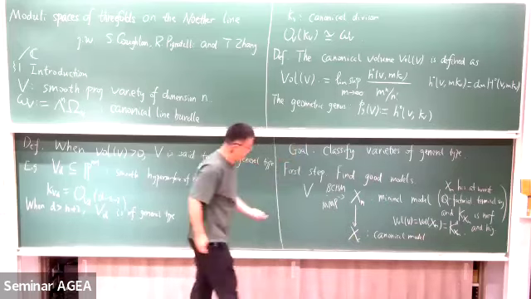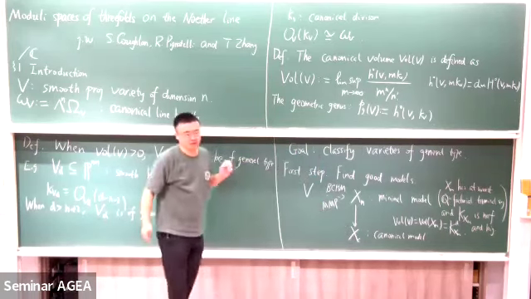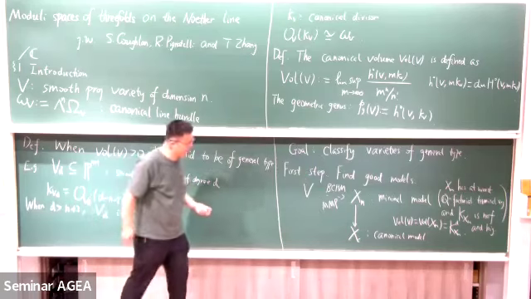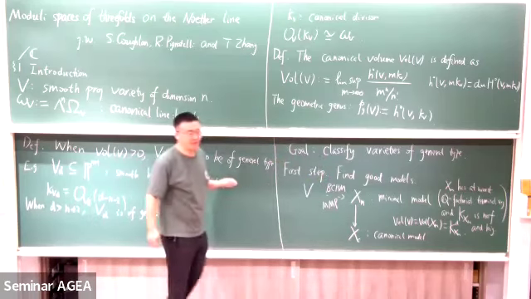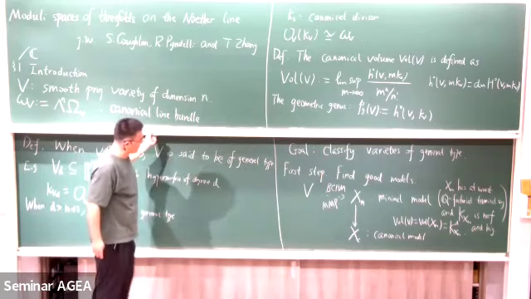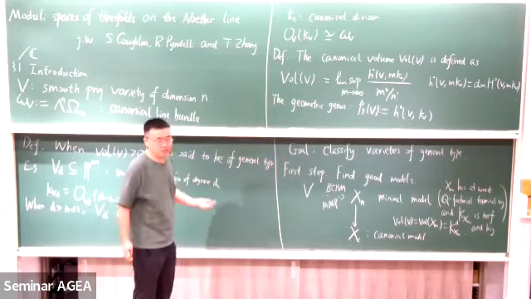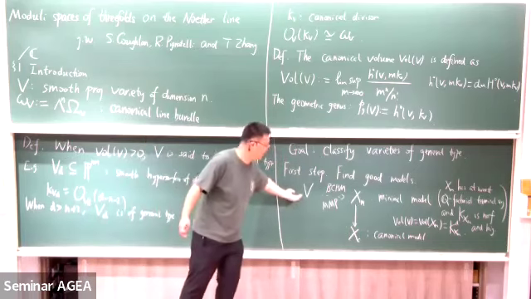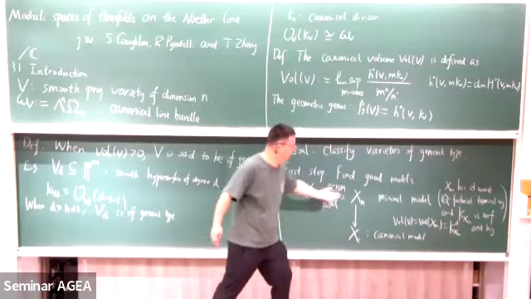Canonical model means that this variety has at worst canonical singularities, and the canonical divisor is ample. So the canonical model is unique up to isomorphism. So if you want to classify varieties of general type, you only need to classify the canonical models or minimal models.